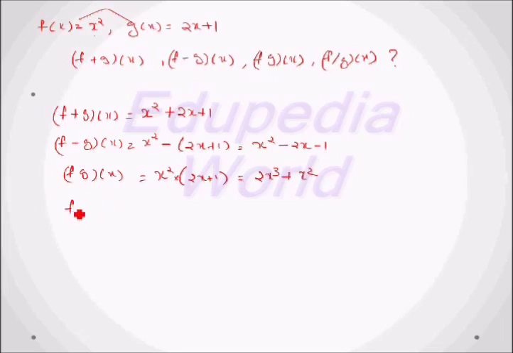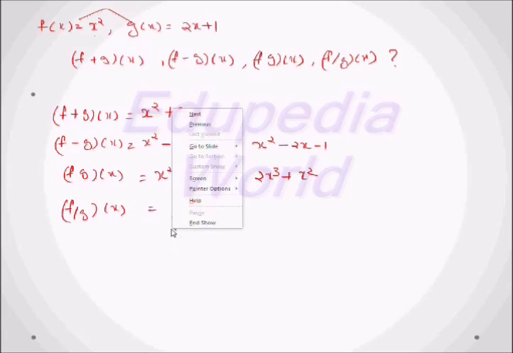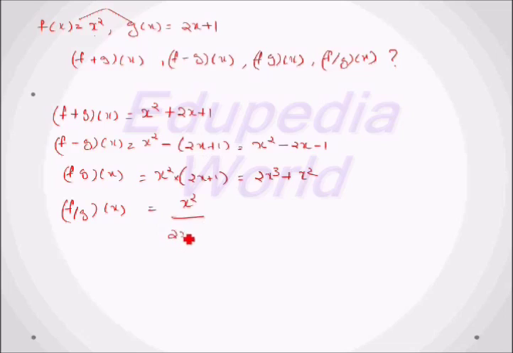Now the last one, f by g of x, which is equal to x square divided by 2x plus 1.